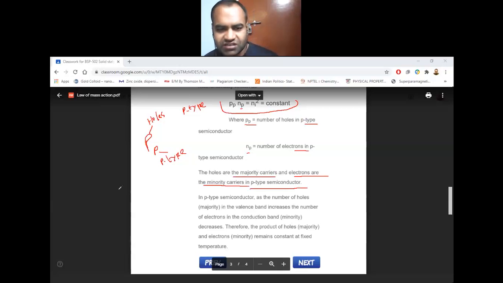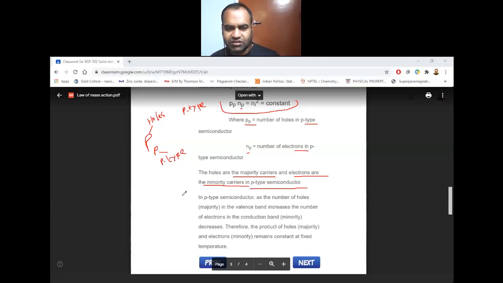It is very easy to understand, since p-type means positive charge type. In a p-type semiconductor there will be more positive charges than negative charges, and the positive charges are the holes. Therefore holes are the majority carriers and electrons are the minority carriers.